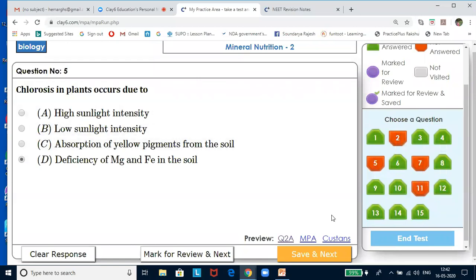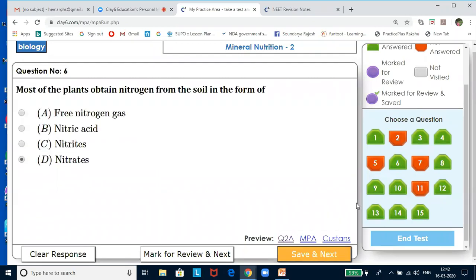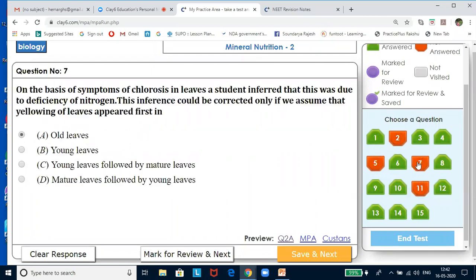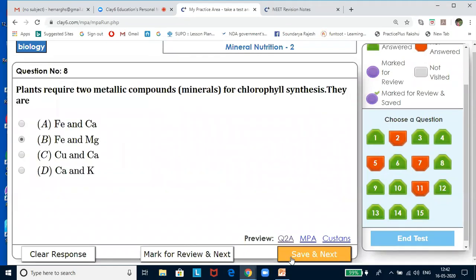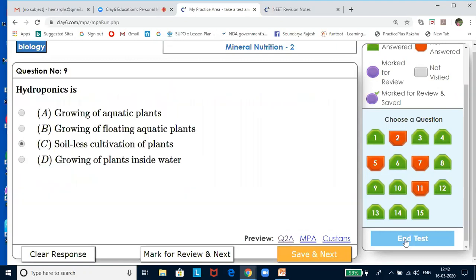Chlorosis in plants is mainly due to deficiency of magnesium and iron in the soil. Next is the seventh. Let me click and see. Old leaves. I don't know why it is not taking. Okay, I'm going to end the test.